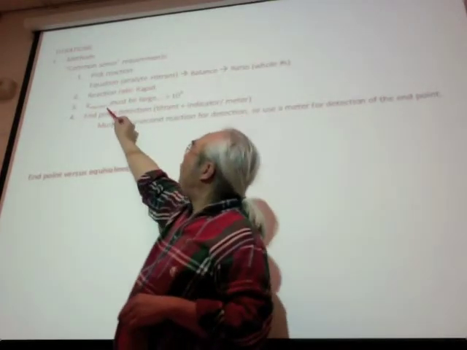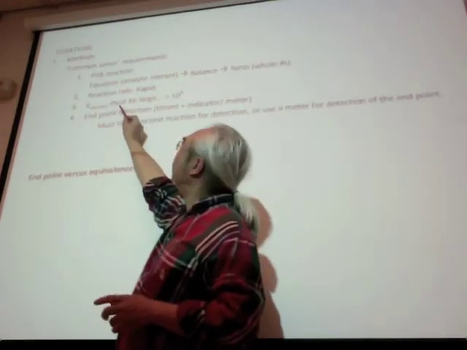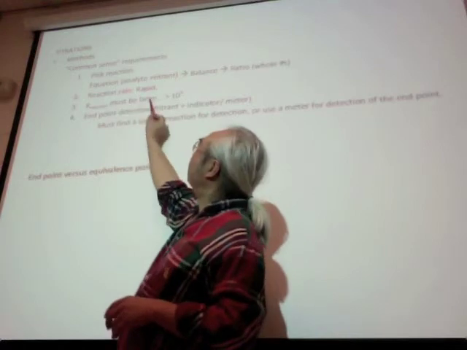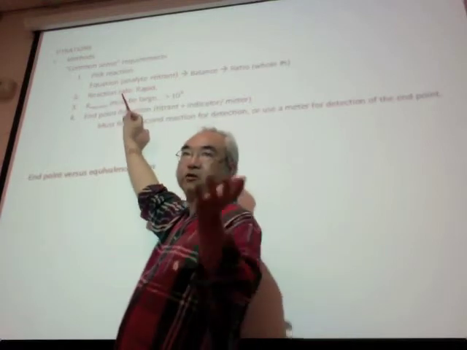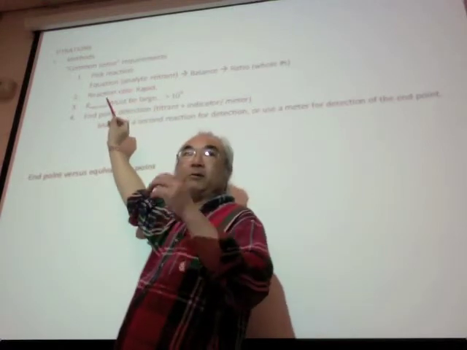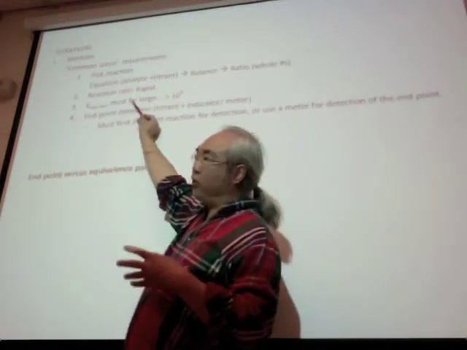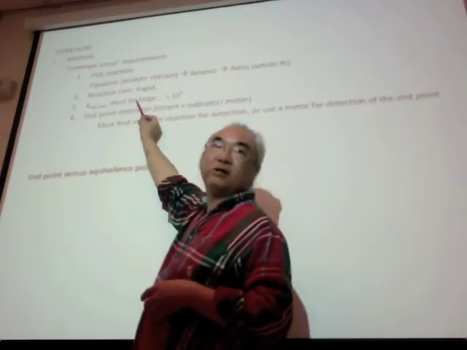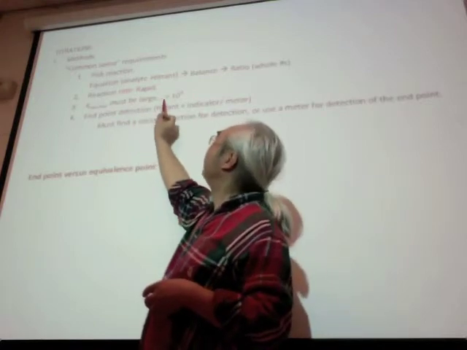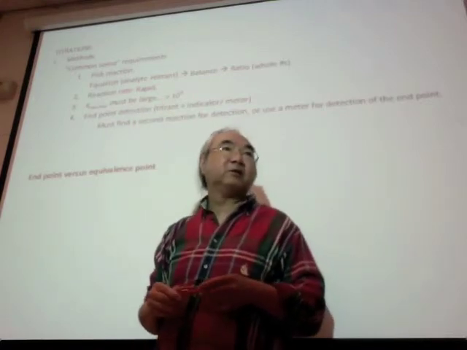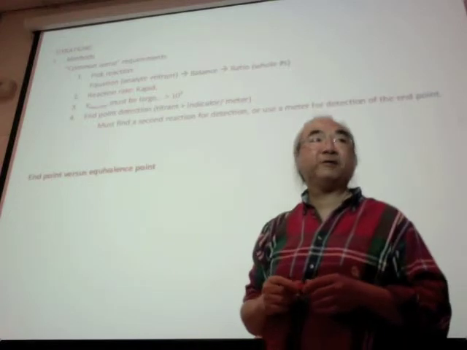Then how quantitative, how complete the reaction is, is based on the K of reaction, the forward one that we talked about previously. The K of the forward reaction, product over reactant, must be greater than 10 to the 8. Otherwise, it may not be quantitative enough.